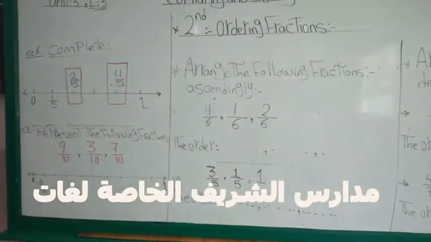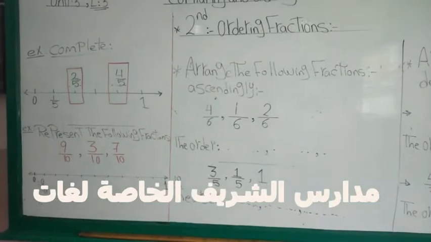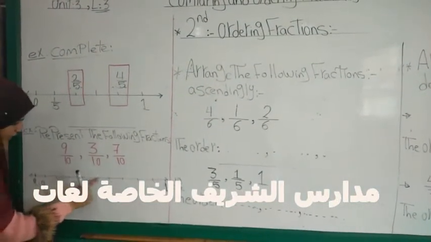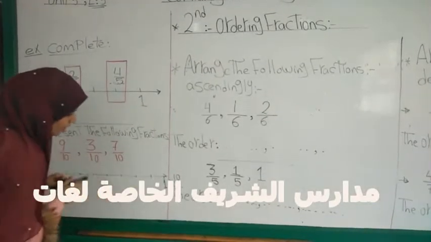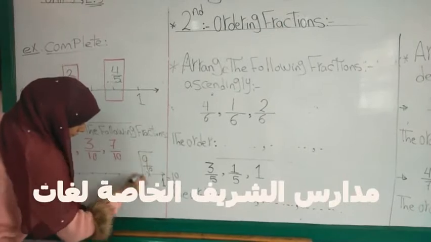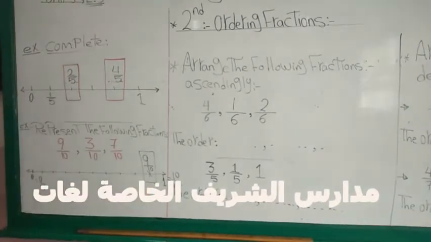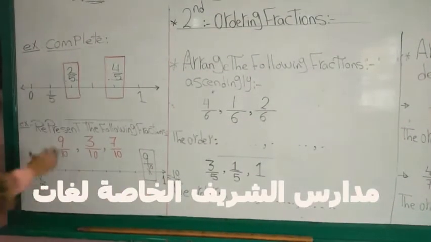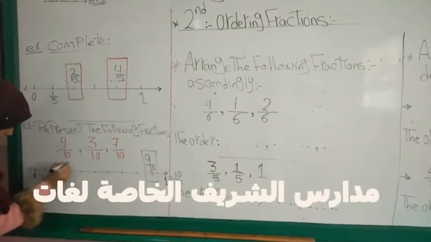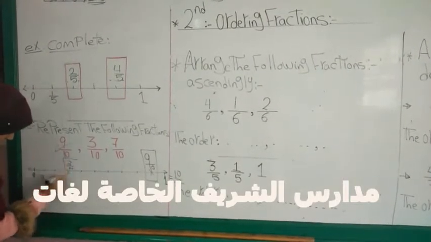Now each part represents 1/10. So 1, 2, 3, 4, 5, 6, 7, 8, and 9/10. And 3/10: 1, 2, 3. We can write here 3/10.